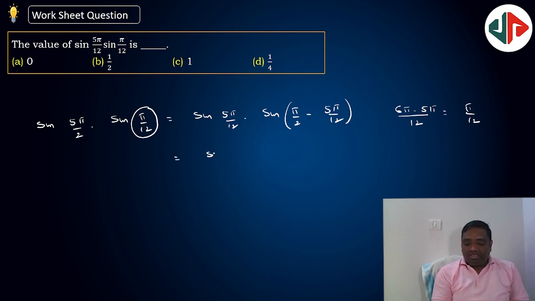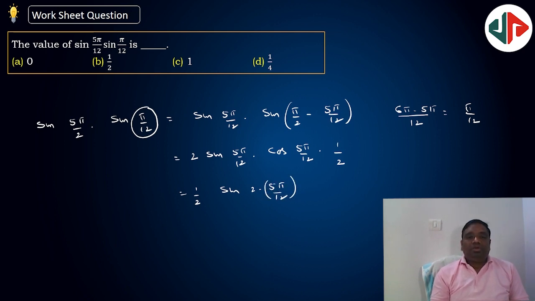So it is nothing but sine of 5 pi by 12 into cos of 5 pi by 12, since sine of 90 minus theta means cos theta. You multiply with 2, divide with 2. Now it is nothing but 1 by 2 times sine of 2 into 5 pi by 12, the sine 2A formula.